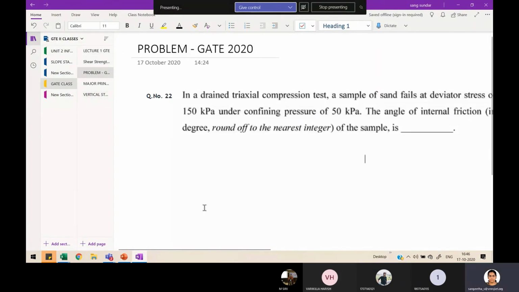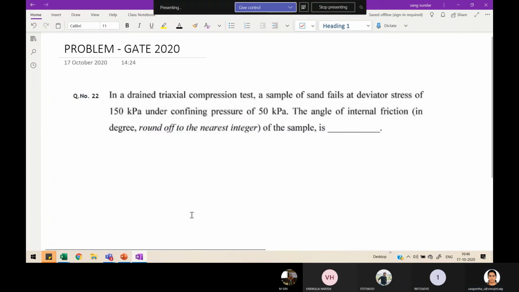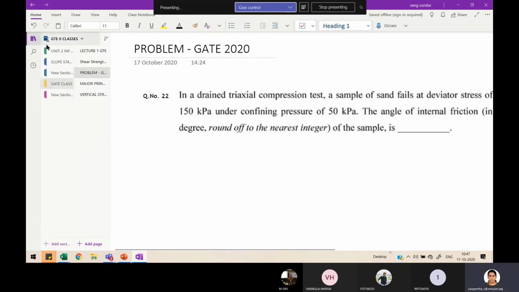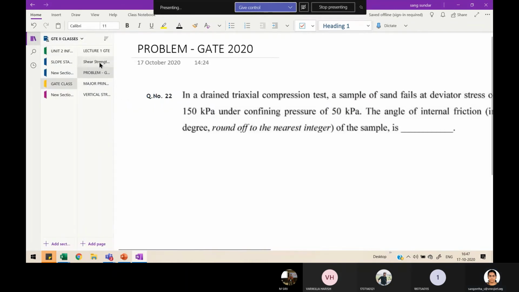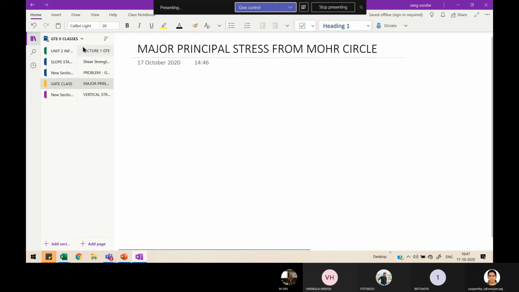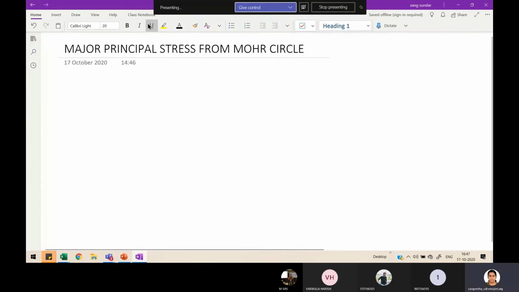So this was taken from last year's GATE. It's a direct question, a simple direct question. Before solving this problem, yesterday I gave you an equation. Do you remember? Major principal stress from Mohr's circle.